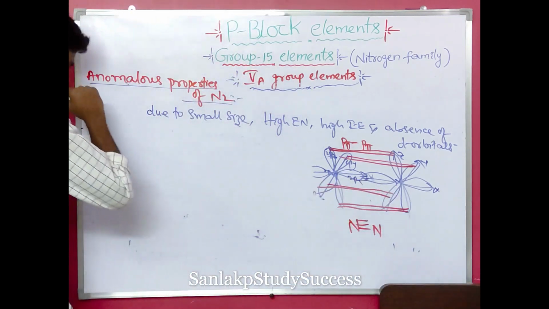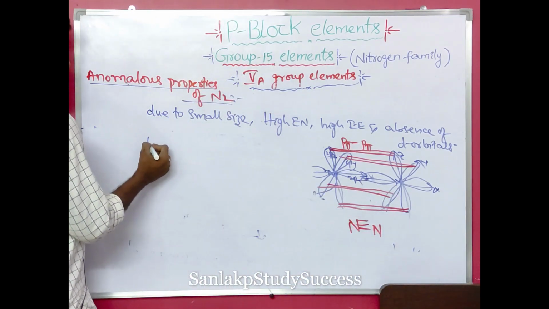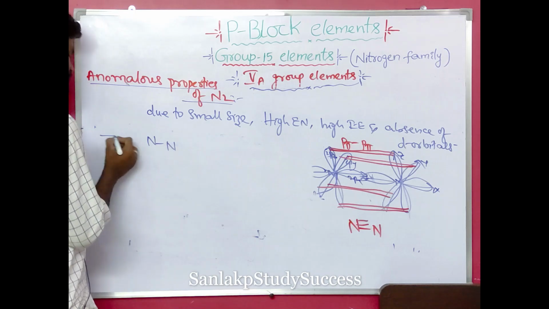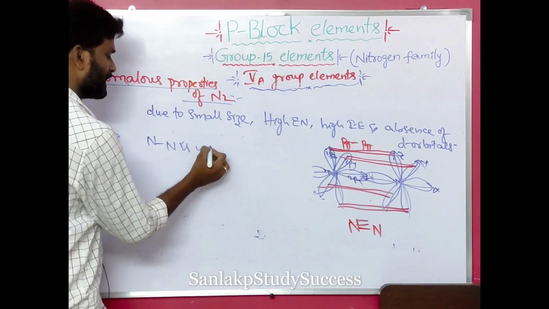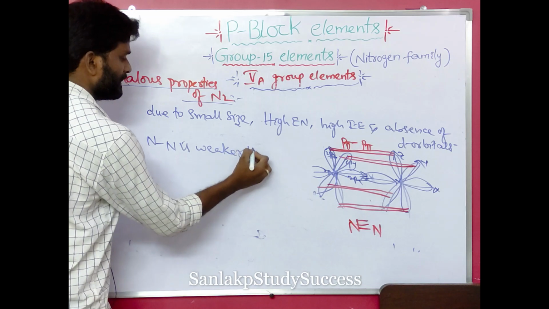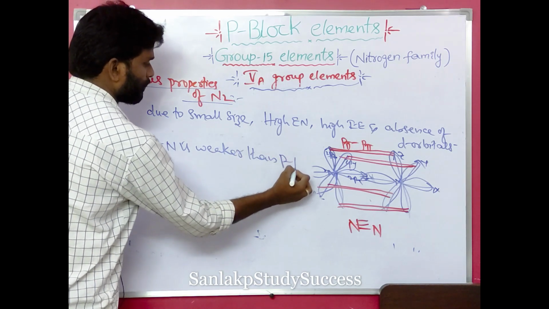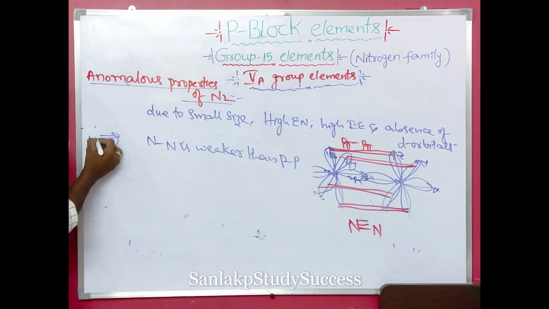And another one: the N single bond N is weaker than P single bond P. Why?